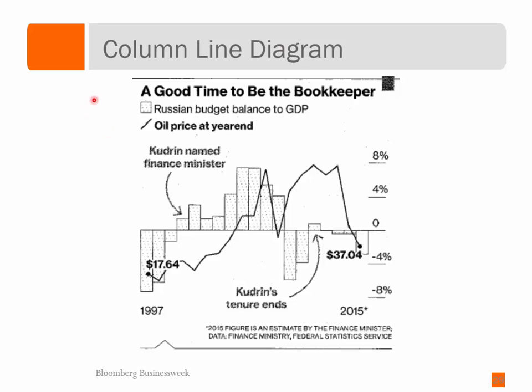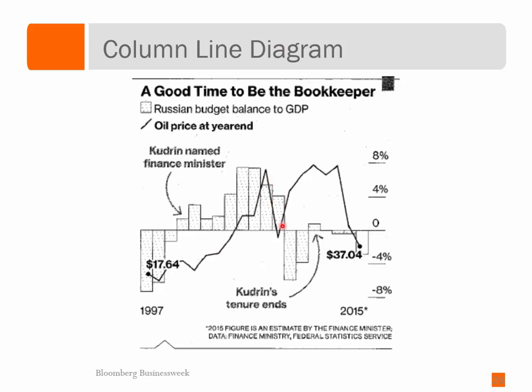And our visualization here basically asserts that there are better times than others to be the bookkeeper for the country of Russia. And so we see the Russian budget, so it's negative here. The last finance minister joins here, and we can see very positive budget cycles. Of course, we also see a positive uptrend in the price of oil.